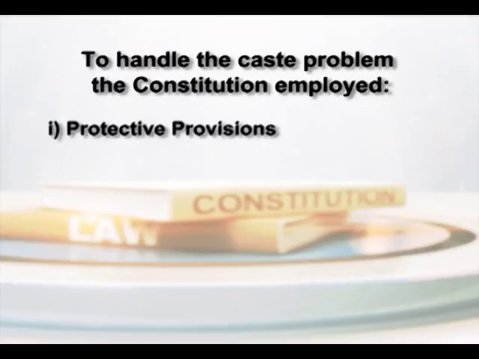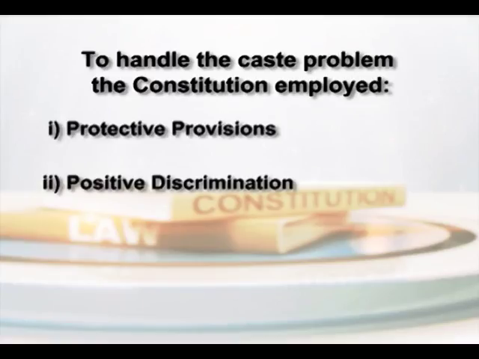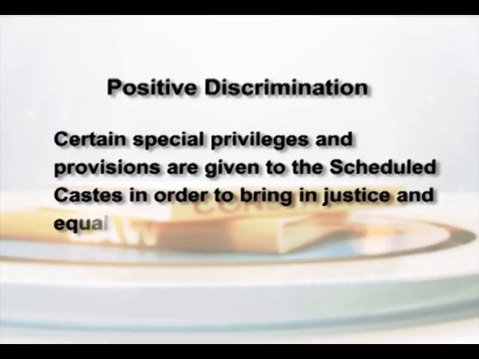The second was the kind of what we call positive discrimination. That is, certain special privileges and certain special provisions were given to the scheduled castes in order to bring in justice and equality.